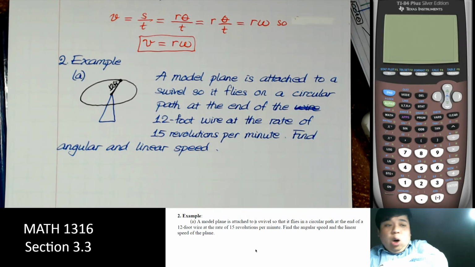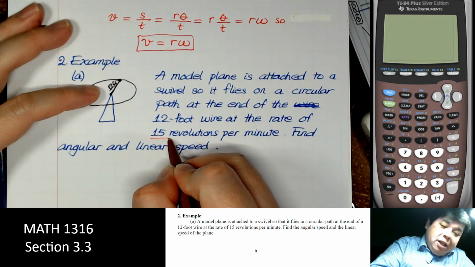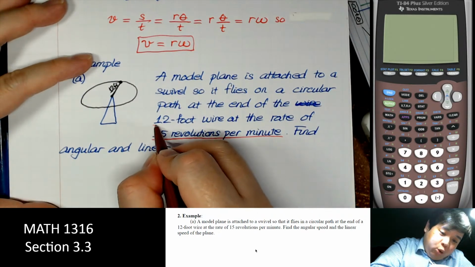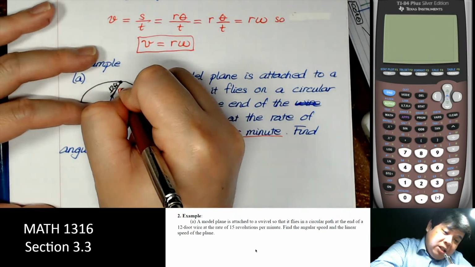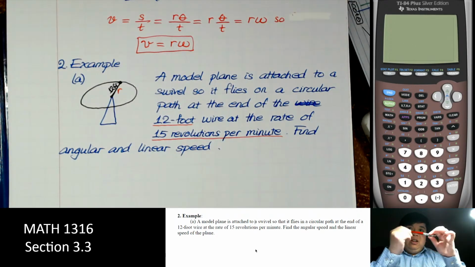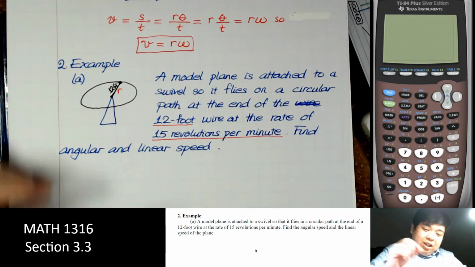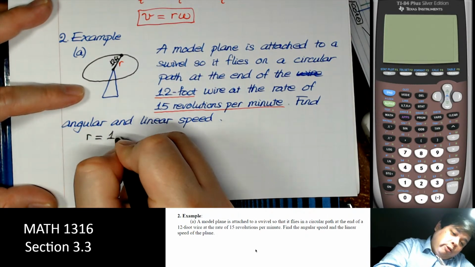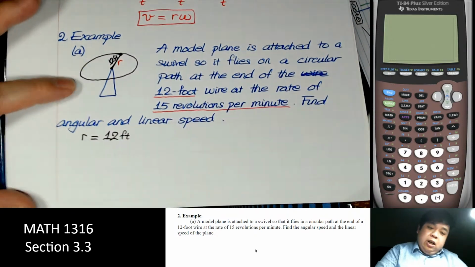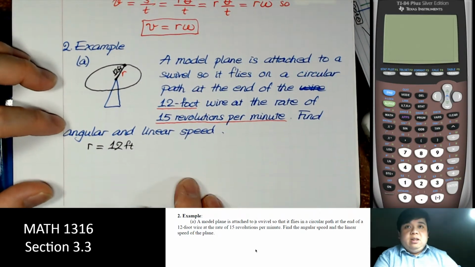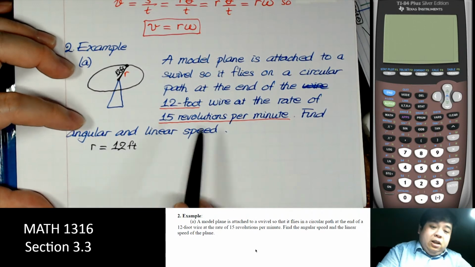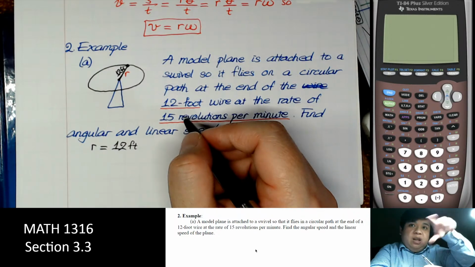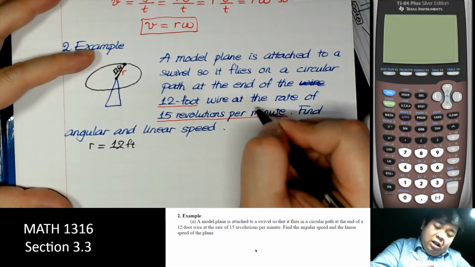Right, so when we look at the problem, 15 revolutions per minute. What is that? The 12 feet obviously is the radius, because that is the fixed distance that it travels around. So the radius is 12 feet. By the way, revolution is the unit of an angle, and the minute is the unit of time.